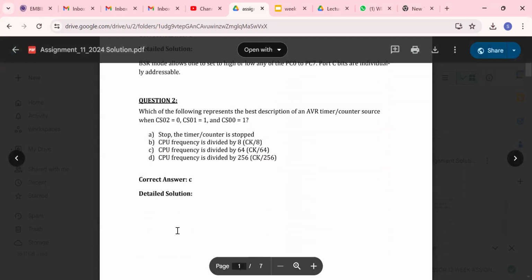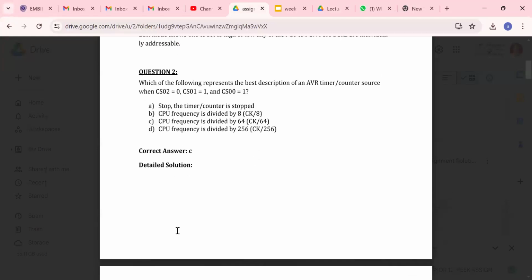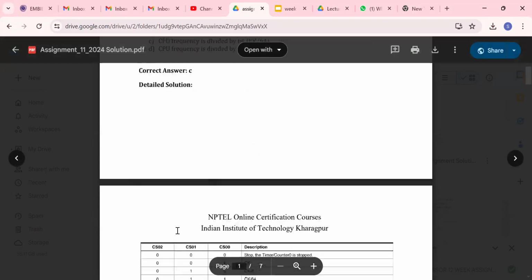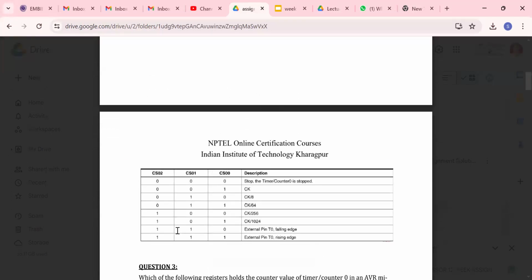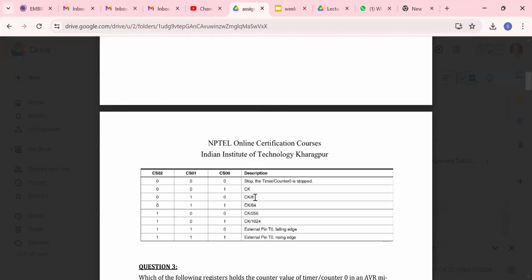Looking at this diagram, CS not equal to 0, 1, 1 means the clock signal divided by 64. Then 0, 0, 1 is clock divided by 8, and in the same way they have given 256 and 1024.